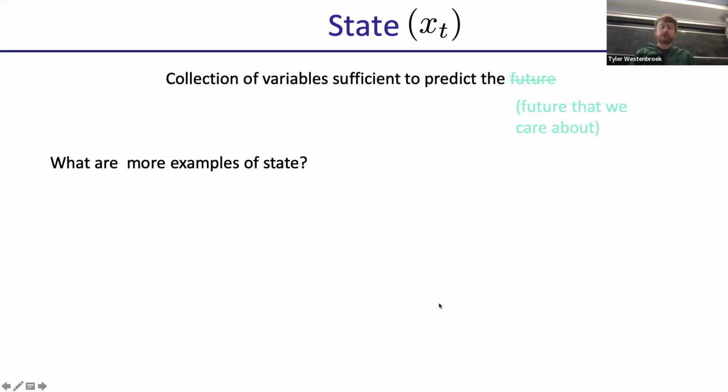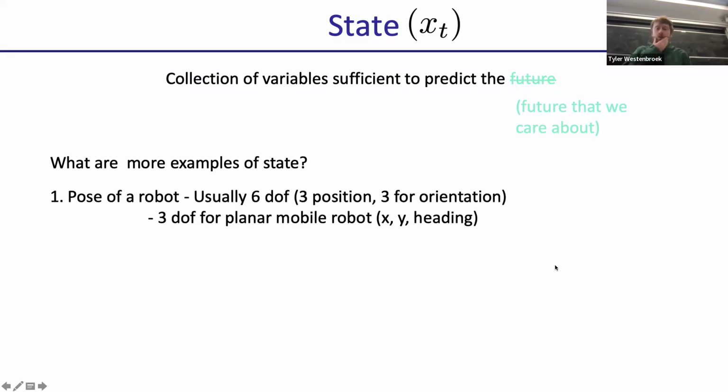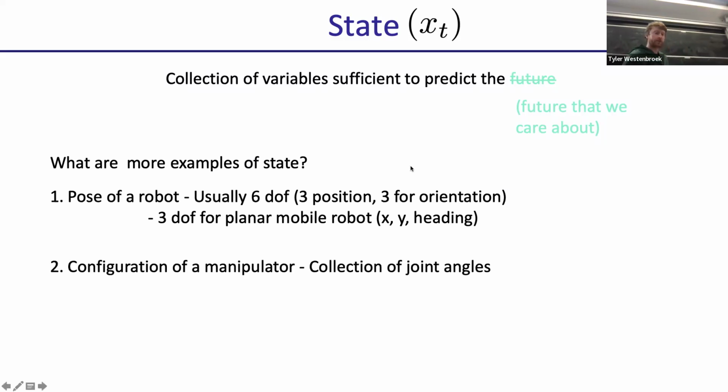So what are some examples of state? If you think about a robot, if I have a mobile robot moving through the world, its state might be its pose. So this is going to be its position and its orientation in the room. If I have something like a robotic arm, my state can be the joint angles and the joint velocities of my arm.